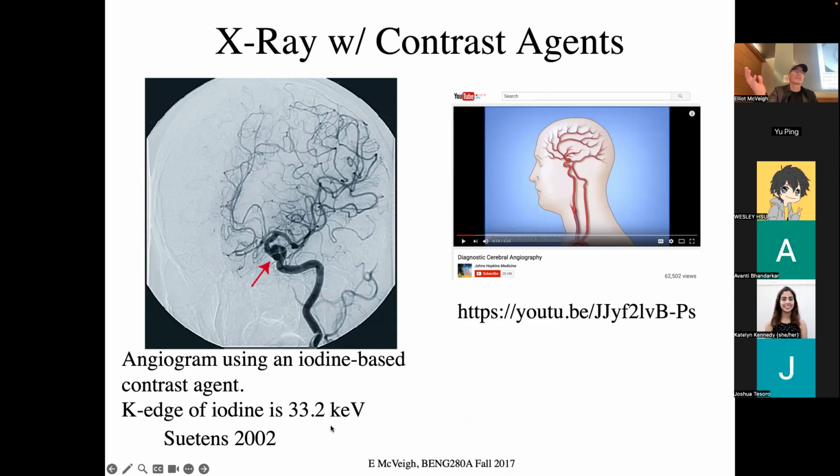Once they're above the K-edge, they get a very high contrast in the vascular structures, but anything that isn't this contrast agent looks exactly the same for those two energies. So you just subtract those two pictures, and all you have left essentially are the vessels. It's called DSA, or digital subtraction angiography, and it's used a lot to image brains, specifically if you're looking for aneurysms and things like that. That's using the physics of this K-edge to get super high contrast.